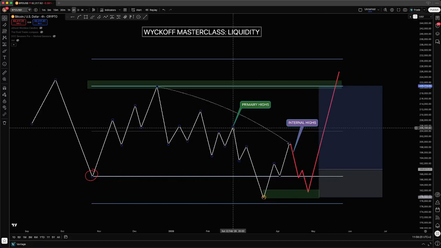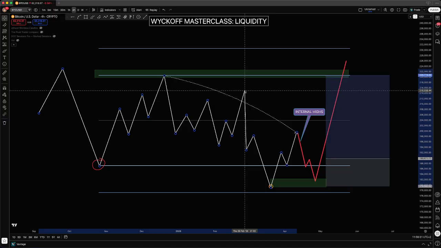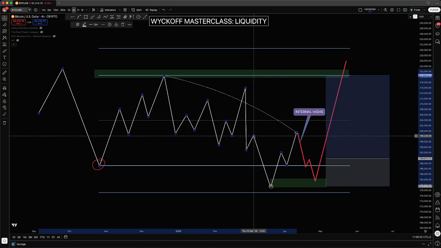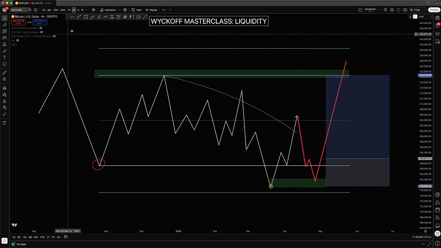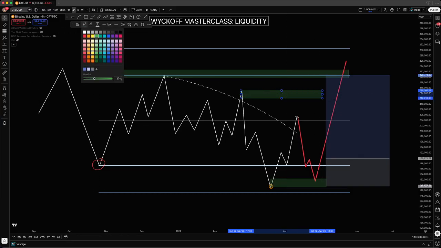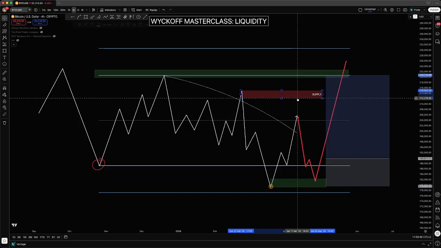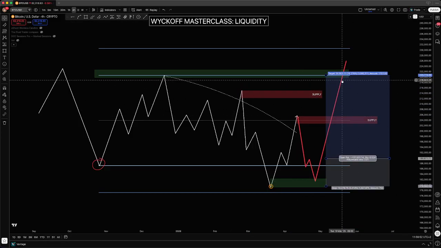Now imagine if in the range, for another example, we don't have gas and we already took liquidity all the way. So we took liquidity here, we took liquidity here, like this, and we are leaving a lot of supply zones. Okay, so we have a lot of supply zones in between, which means supply is always a very, very heavy resistance level.